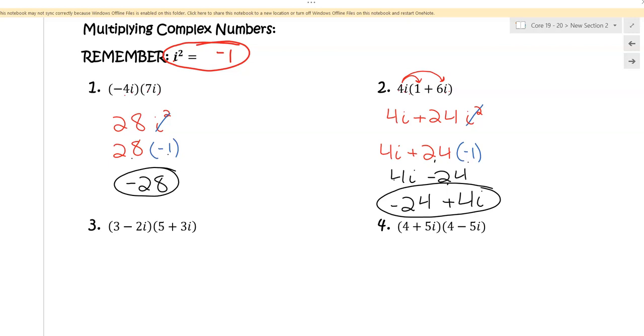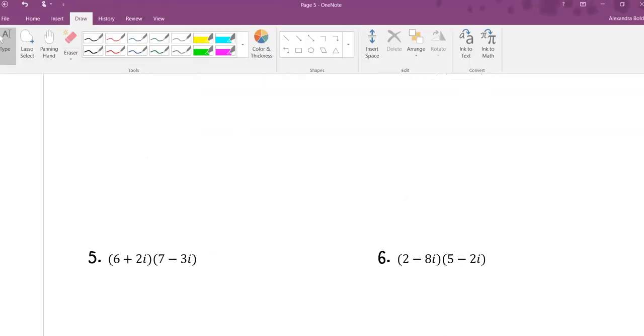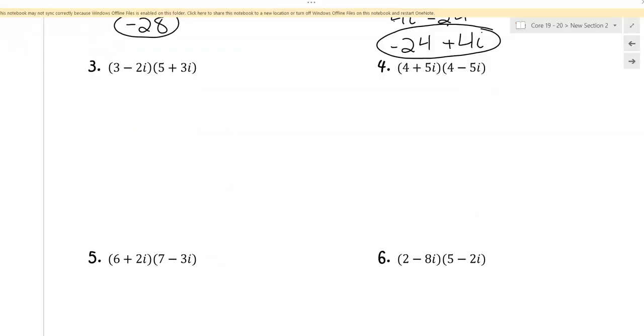All right, let's look at number 3. We have 3 minus 2i times 5 plus 3i. Now we're going to do the same thing we did last time with binomials, we are going to use our lovely boxes.